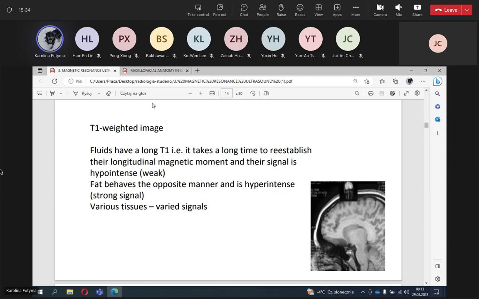Then, in T1, fat behaves in the opposite manner and is hyperintense. So the fat has a strong signal. Various different tissues have varied signals, but in both images, T1 and T2, our muscles are isointense, so they are in the middle of the grayscale.